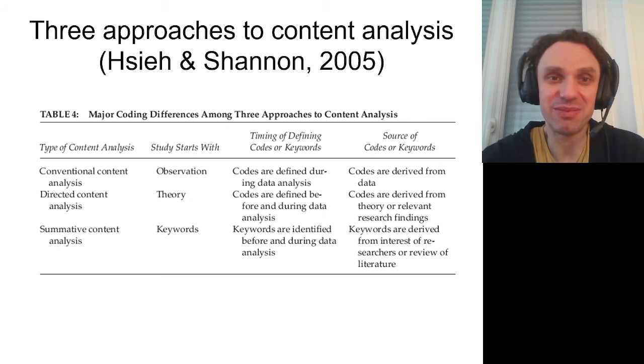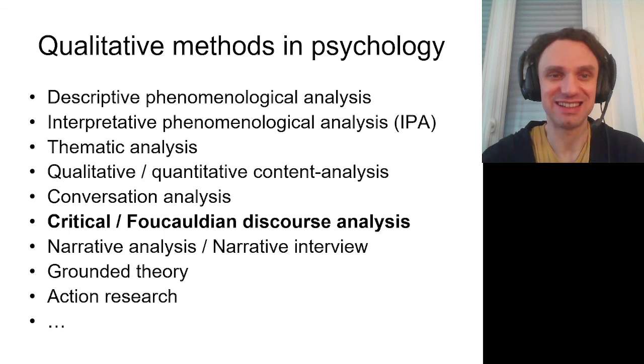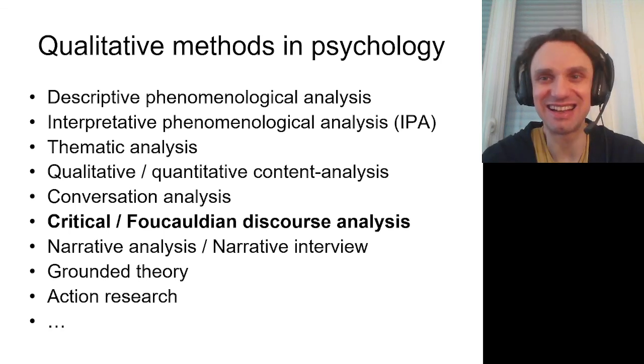And in a paper by Hsieh and Shannon, you can find a description of different types of content analysis that you can use to justify your analysis. So it can be based on theory, why not? Then just call it directed content analysis, and you'll be fine with your reviewers. So these first 4 methods are probably the most handy to use in psychology.